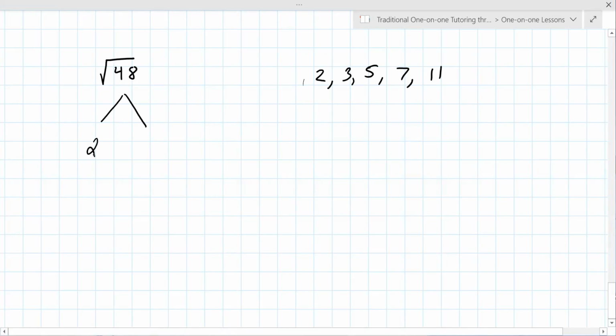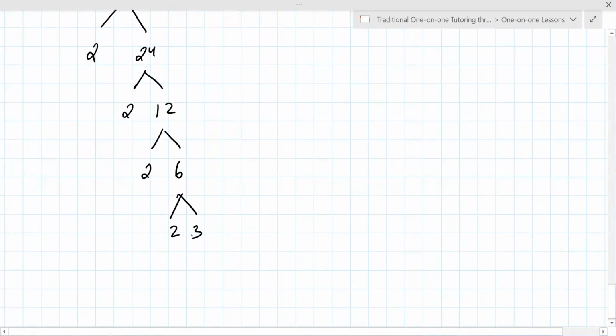Is 48 divisible by 2? Yes. 24. Is 24 divisible by 2? Yes, 12. Is 12 divisible by 2? Yes, 6. And then 2 and 3.